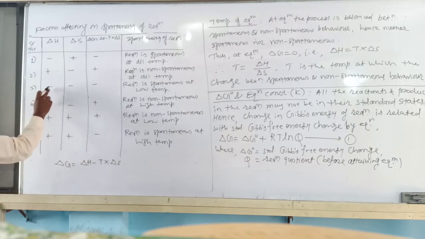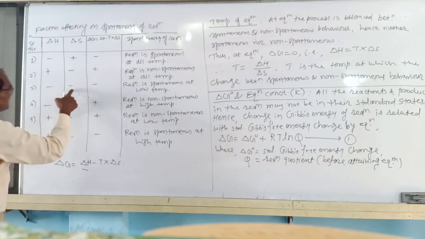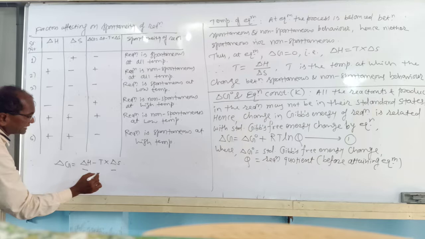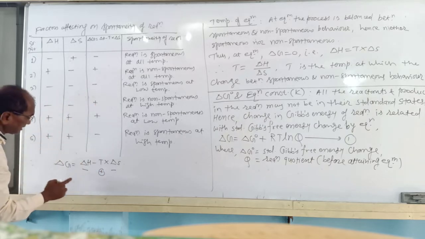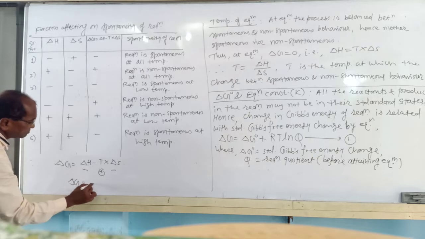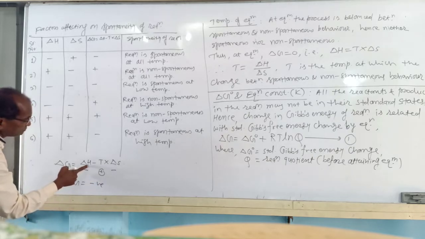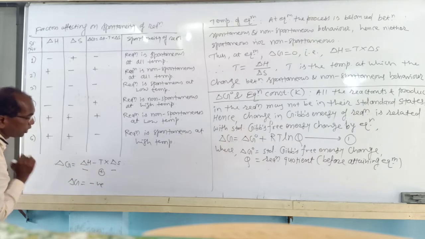Then third, ΔH is negative, ΔS is also negative. Negative into negative is positive, and our answer is negative. Here, ΔG must be negative. And when it is negative, ΔH must be greater and TΔS must be lower.